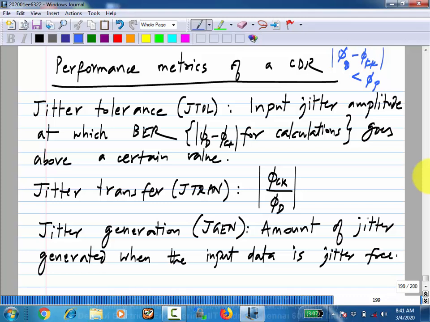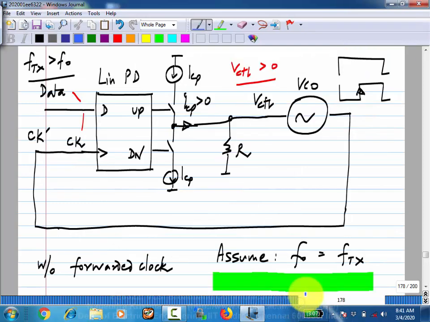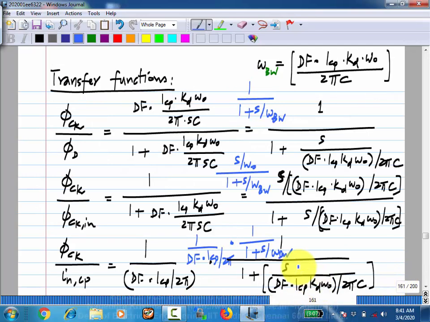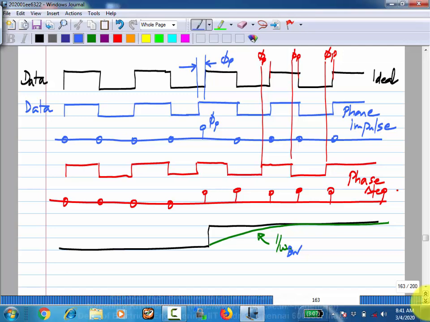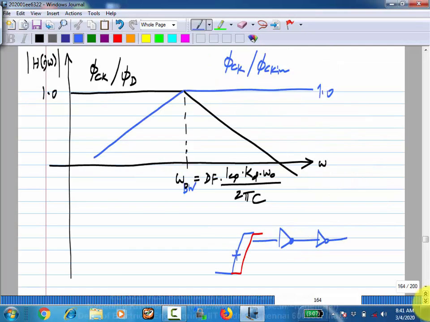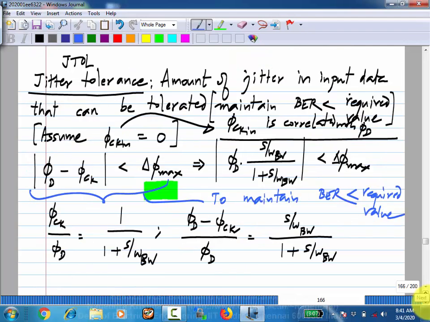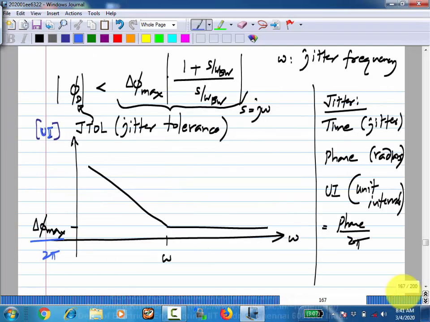You just have to, I mean, we did this for the case with the forwarded clock, right? We've already calculated this, isn't it? If you go back a few classes, yeah, so these were the transfer functions, and this is the jitter tolerance, right?